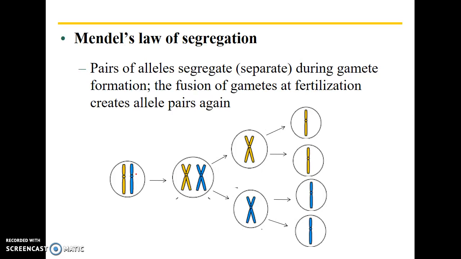Now you can see that after meiosis, we have separation of those allele pairs. So we have the one allele here, and that's in a single sperm or egg cell. Once we have fertilization occurring, then you again have those matching allele pairs. Could, of course, be a different gene variant depending on the genetics of the partner.